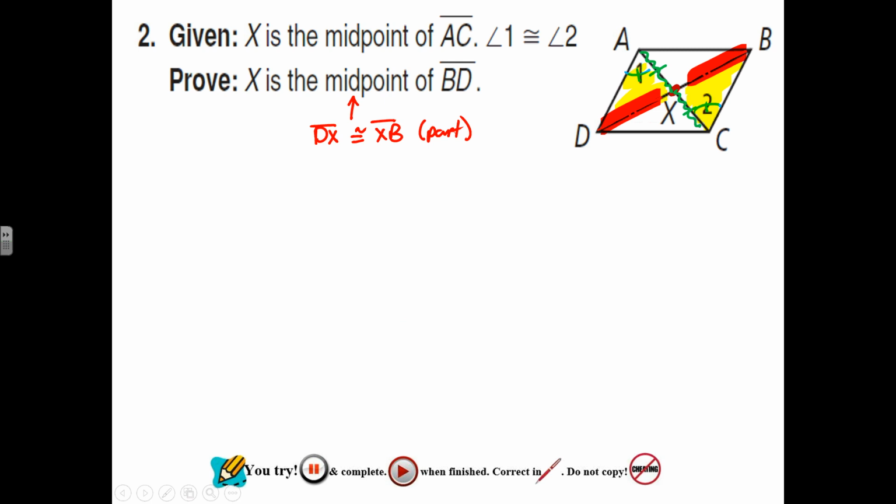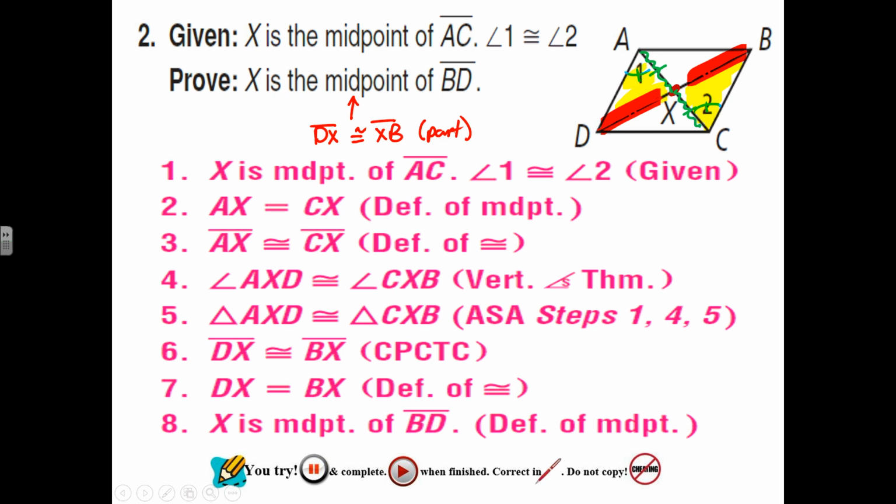Pause the video, do your own work, then recheck. Welcome back. Check your work. What you got here was the fact that your vertical angles was the key here.